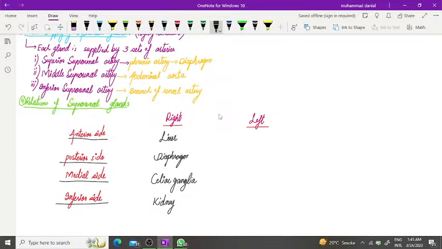the stomach and pancreas are present to the anterior side of the suprarenal gland. Okay.